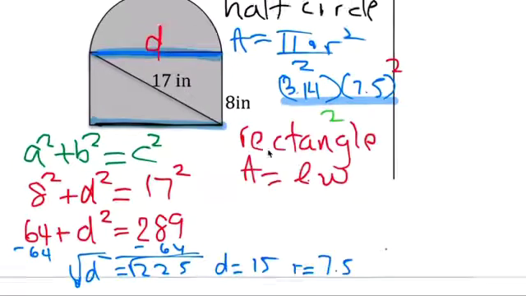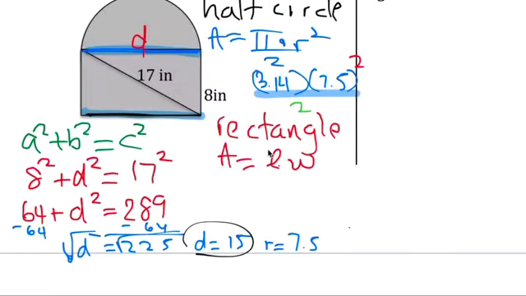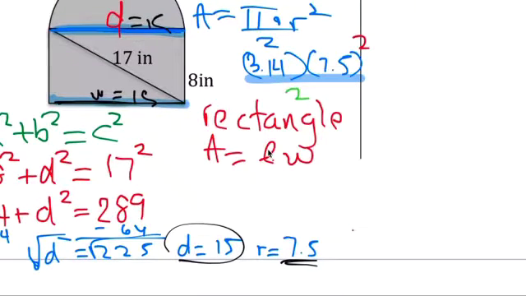So that diameter we found to be 15. So the length here, or the width, is also 15. Diameter is 15. That's how we got radius 7.5. So length is 8, width is 15. And when you multiply that, you get 120.